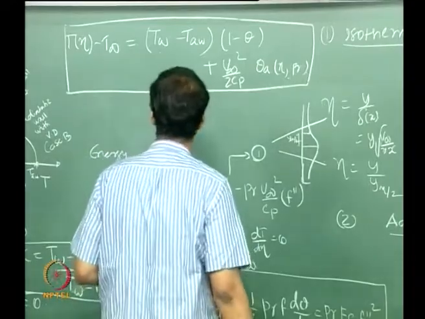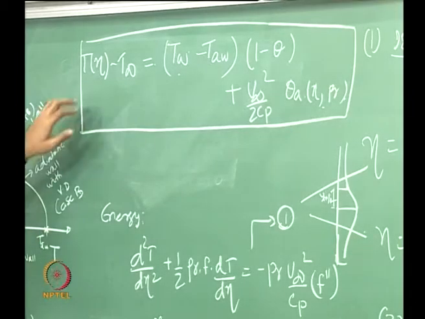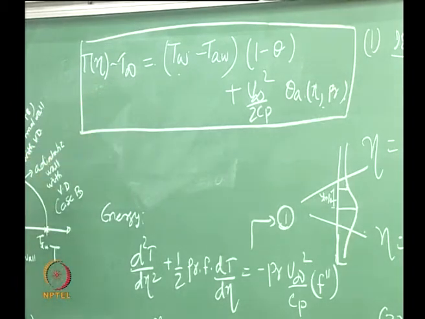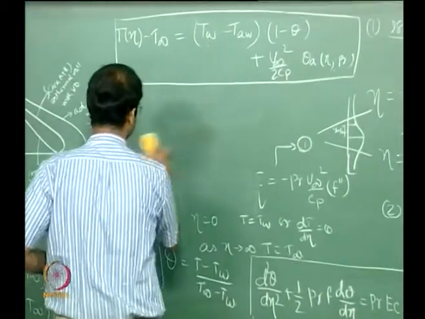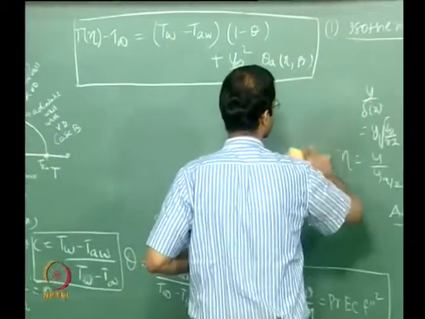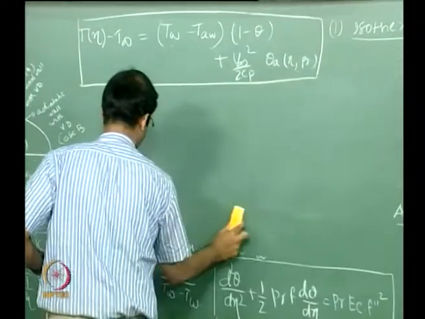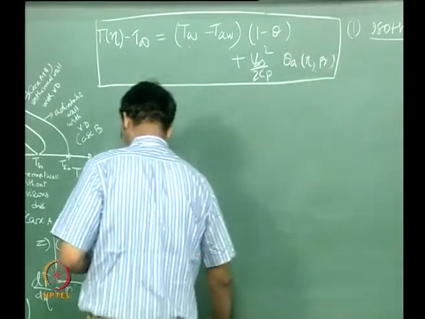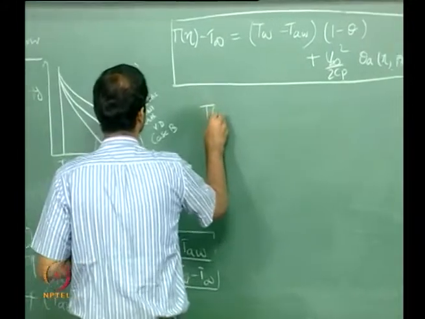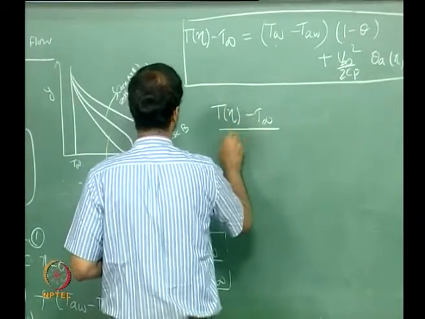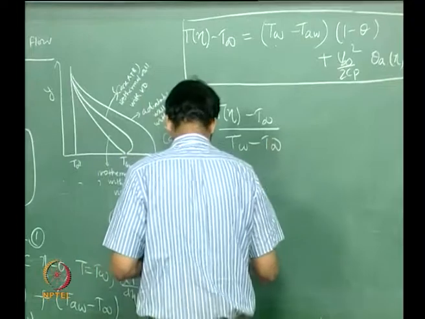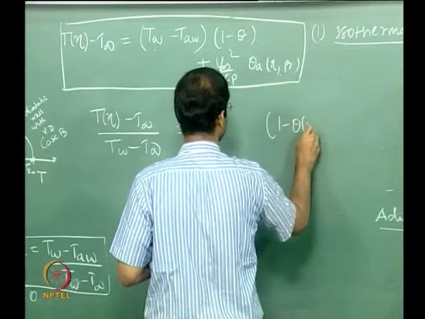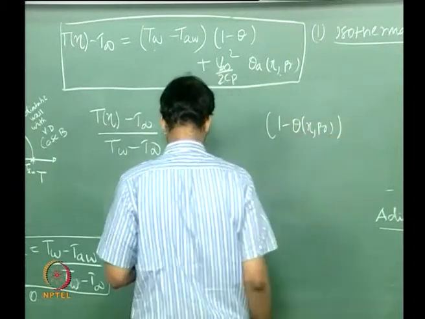I can also go one more step, I can non-dimensionalize this with T minus T infinity by T wall minus T infinity. So I can divide throughout by T wall minus T infinity, so that I get the final expression for non-dimensional temperature. This will still be 1 minus theta, a function of eta and Prandtl number.